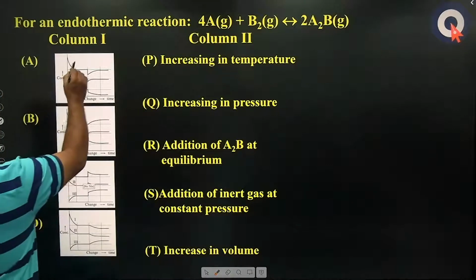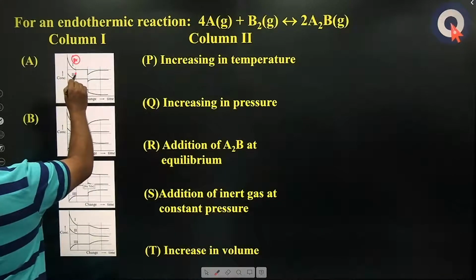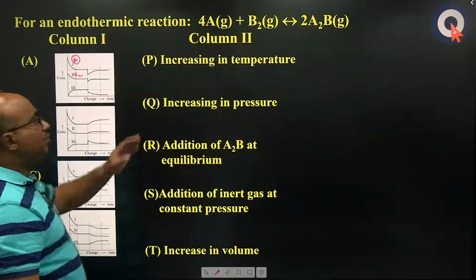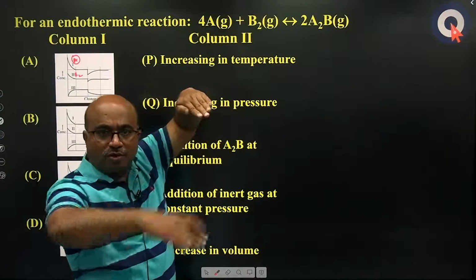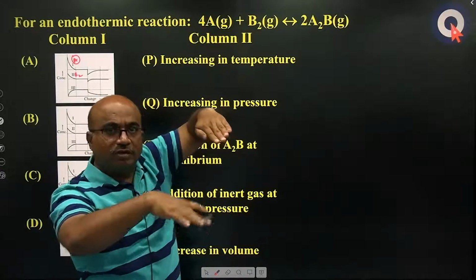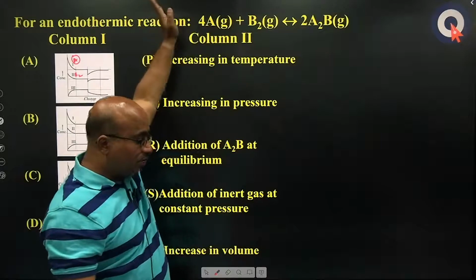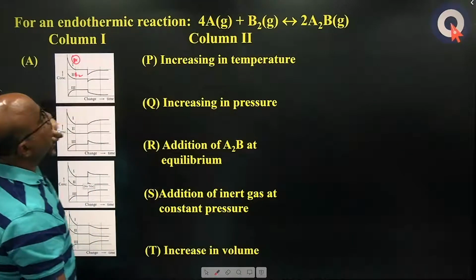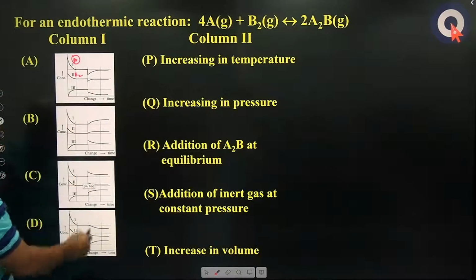This is representing A, and 2 is representing B2, because the ratio in which they are reacting is 4:1. So the A value should decrease more and the B2 value should decrease slowly, because they react in a 1:4 ratio. Means if x reacts here, 4x has to react in this situation. So what you see, this is nothing but A2B. So in every situation it is like that.